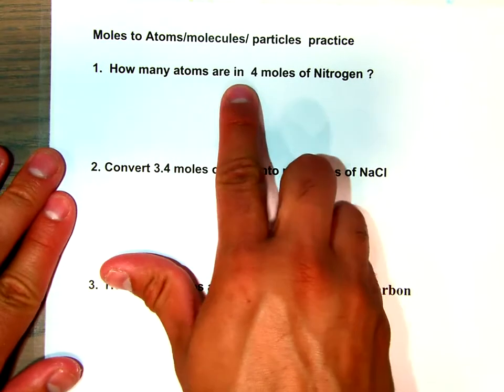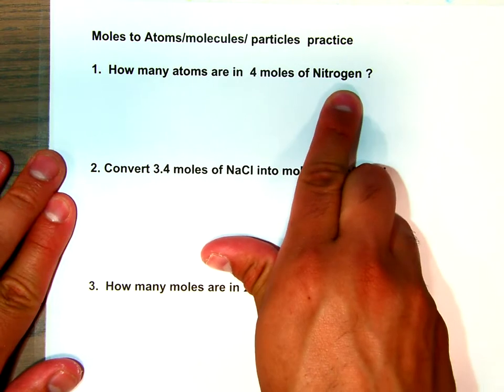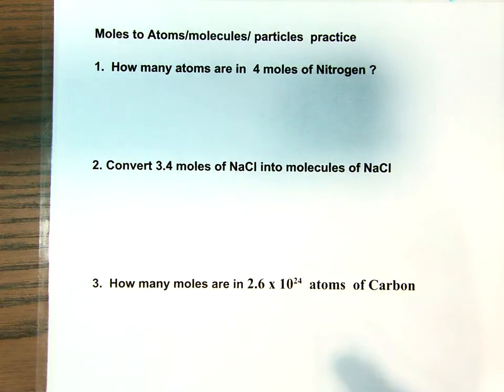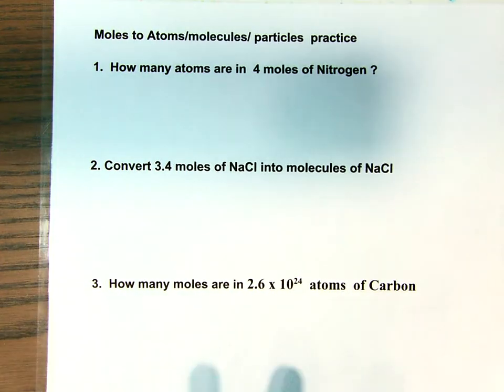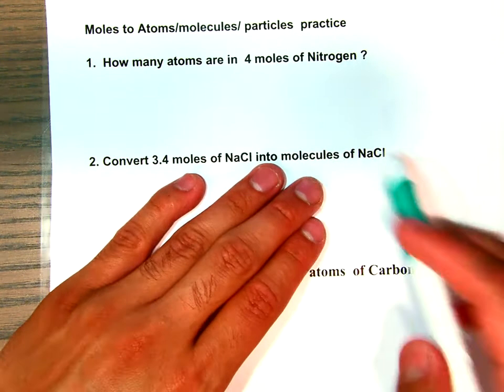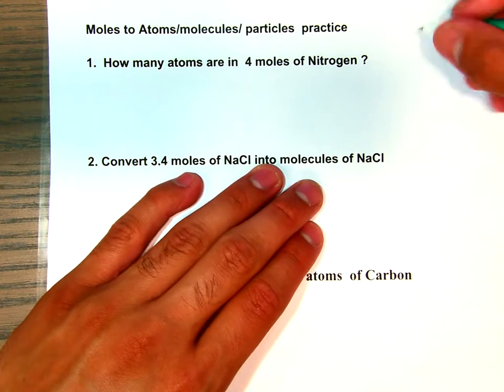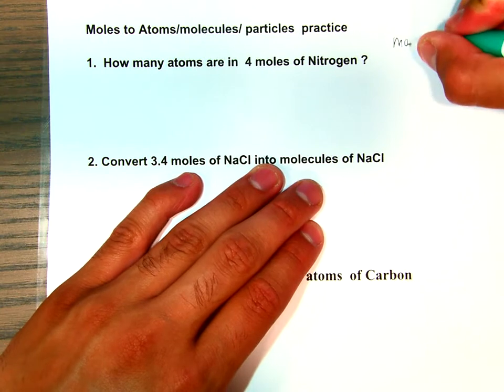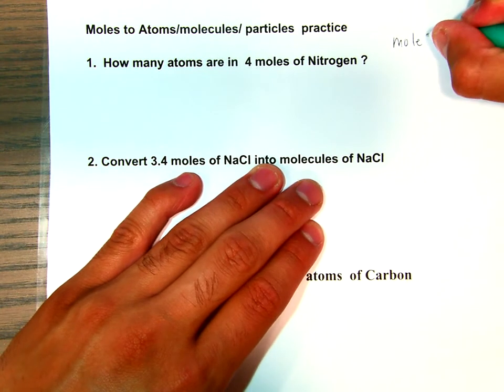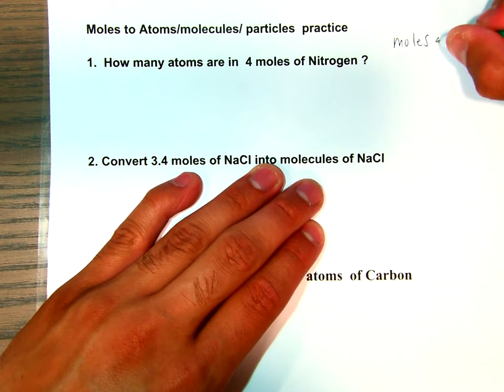The first problem says, how many atoms are in 4 moles of nitrogen? For these problems, you actually don't even need to use a periodic table, because I know that in this conversion, we are going from moles into atoms.